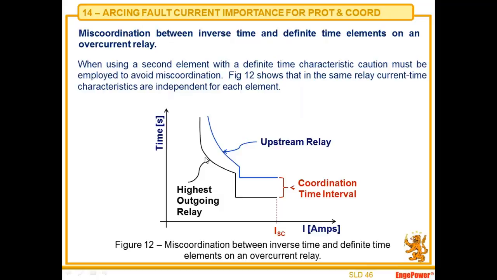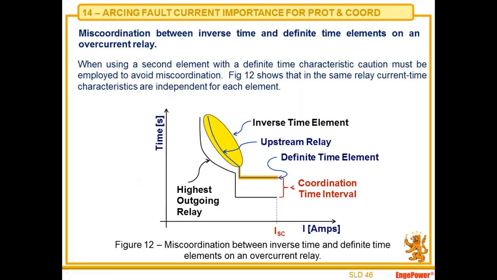because here I have one inverse time element plus another definite time element. They are independent. They count the time independently. So the software for coordination normally cuts this curve here.